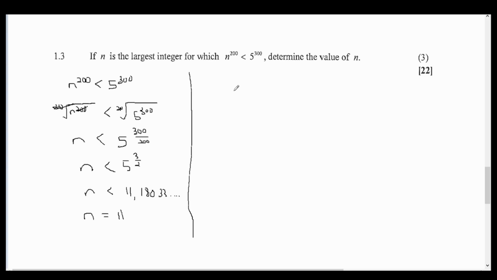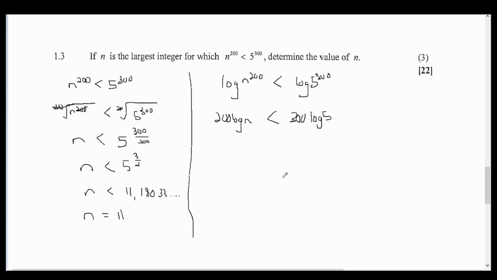If you introduce logs on both sides, it would be the log of n to the 200 is less than log of 5 to the 300. And then using our rules for logs, we can move our exponent to the front, so it becomes 200 log n is less than 300 log 5.